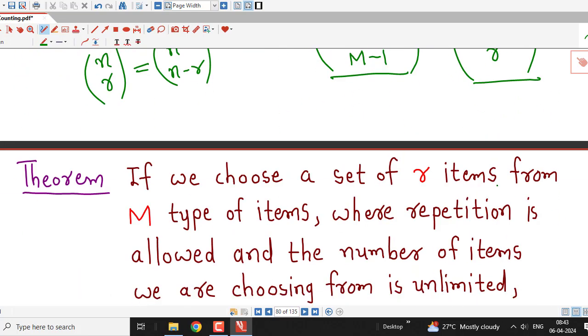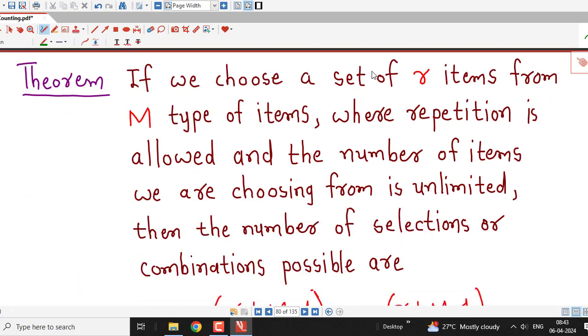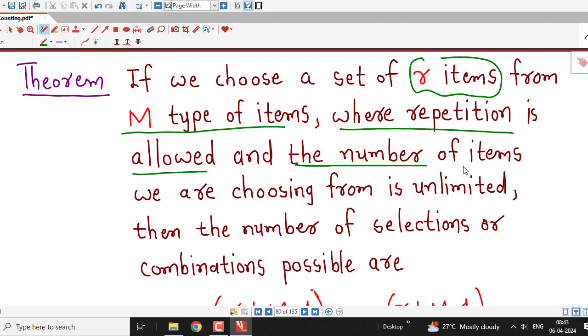So remember, this is a very nice result: if we choose a set of r items from m different types of items where repetition is allowed and the number of items we are choosing from is unlimited, that is, we are not worried about the total number of items, they are sufficient for our selections.